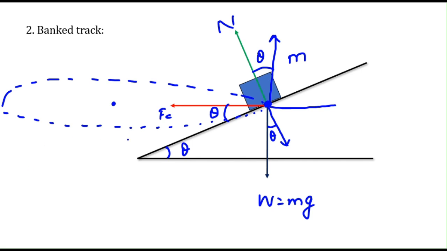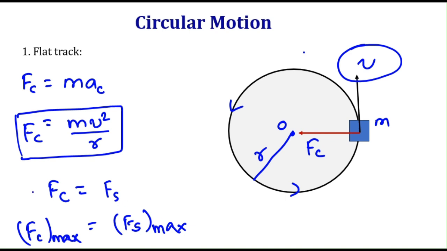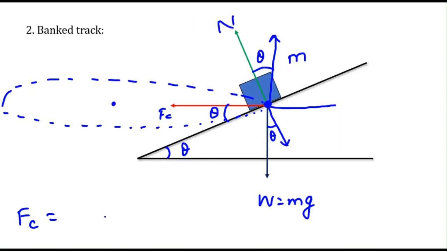Let's say this centripetal force is Fc. What is Fc here? As in the previous case, we saw that static friction was acting as centripetal force. Here, what is acting as centripetal force? Let's see. First, we can say that there is friction between the surface of the block which is moving and the surface of the platform or the track.